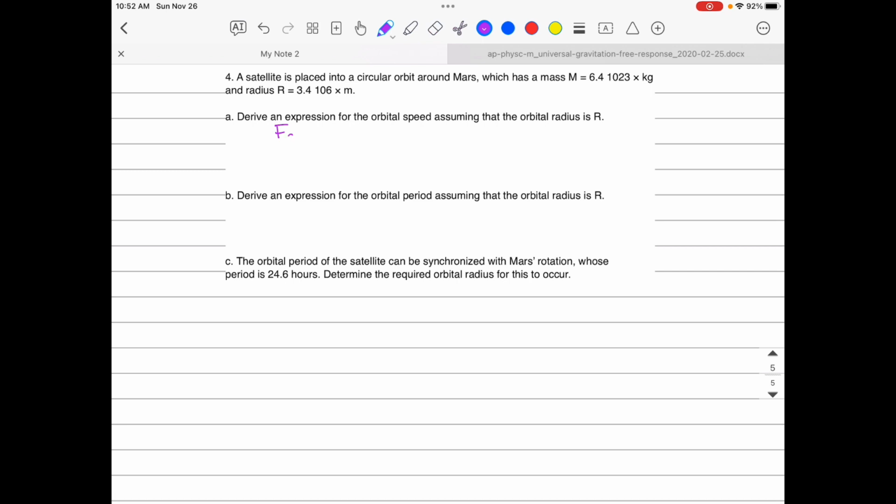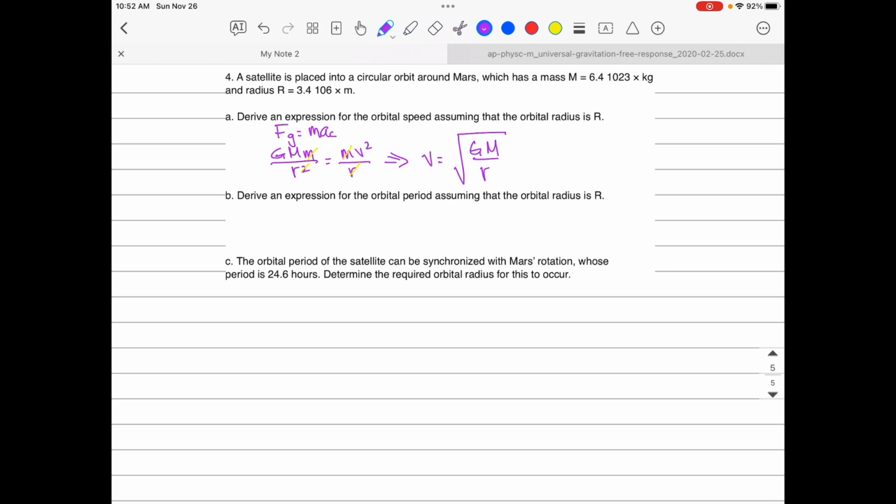You know that the force of gravity is equal to mass times centripetal acceleration, and that the force of gravity is G big M little m over r squared, which is equal to mass times v squared over r. A lot of this will simplify, and you end up with v is equal to the square root of GM over r. So that's your orbital speed, something that I highly encourage you know how to derive.